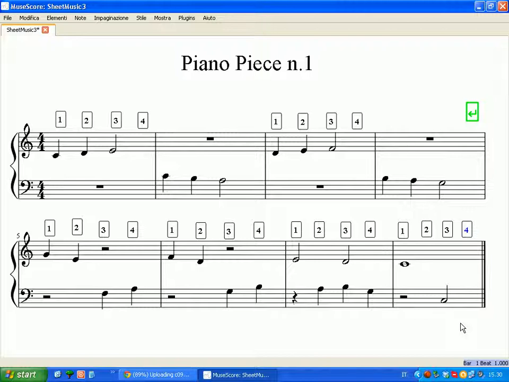Well, the same, of course, also applies for the second beat and the fourth beat, in which we have two rests in the right hand staff. So also in this case we are going to look at the left hand staff. So the first beat occurs at the beginning of the bar.